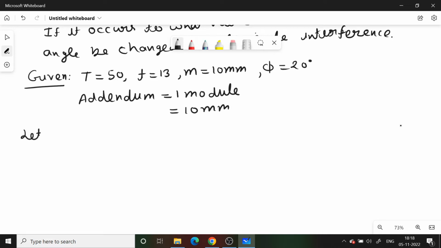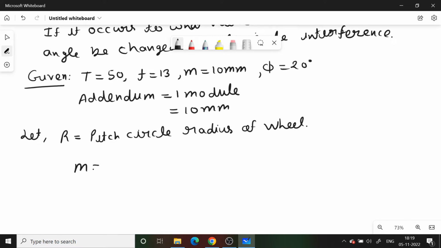Let capital R be the pitch circle radius of wheel. In that case, module is equal to d by t, or 2r by t.